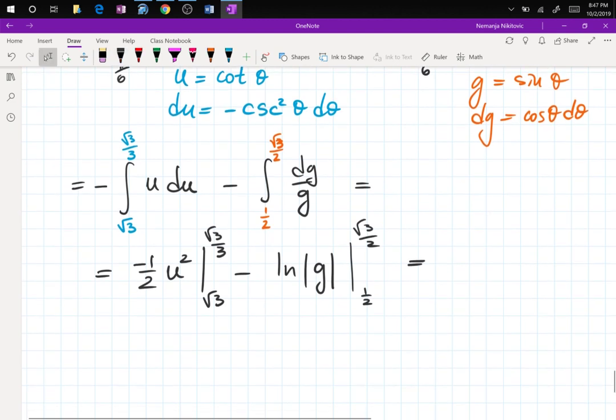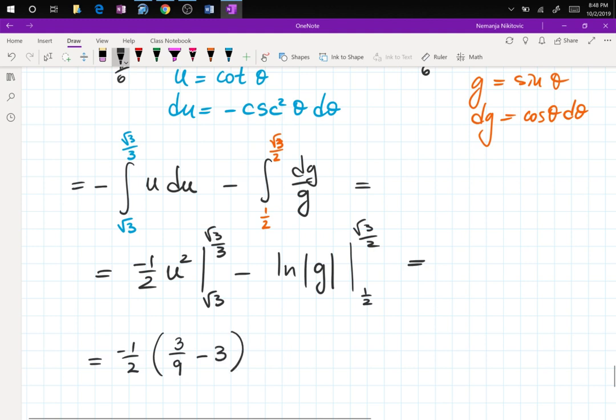So now we compute this. We get negative 1/2. When I square the upper, I get 3 over 9. When I square the lower, minus, I get 3. And that's great, because that's going to be negative, and it's going to kill the negative in front.